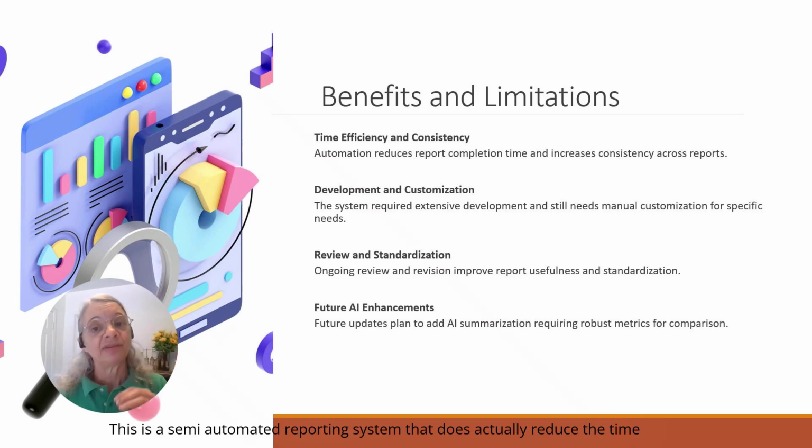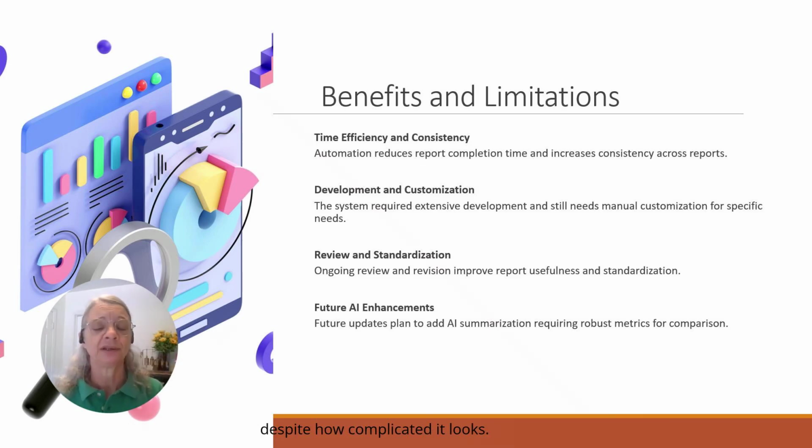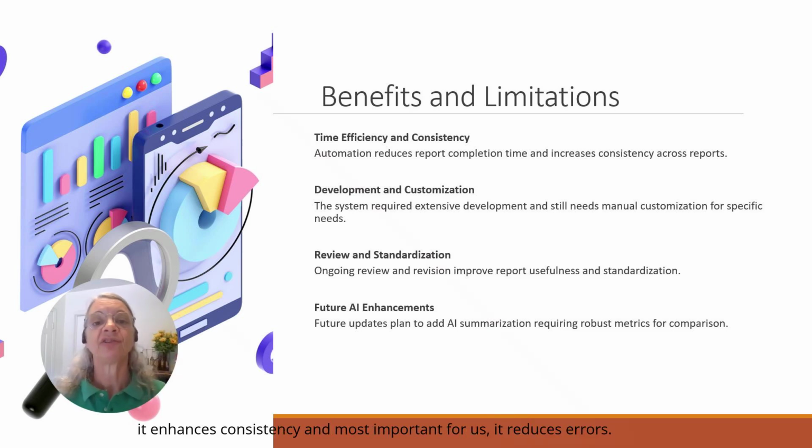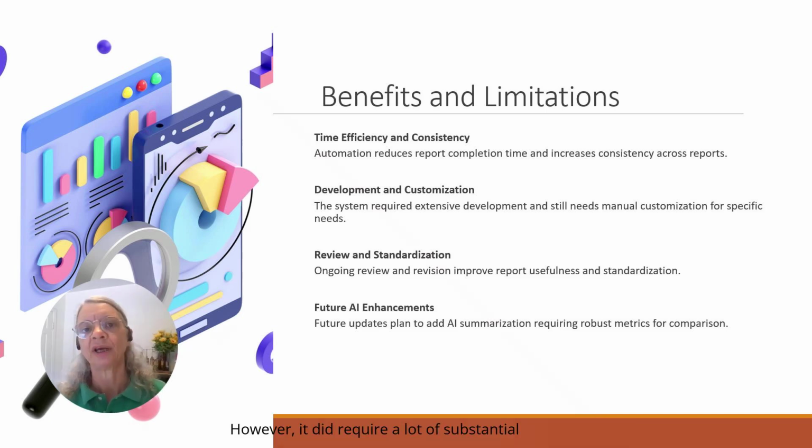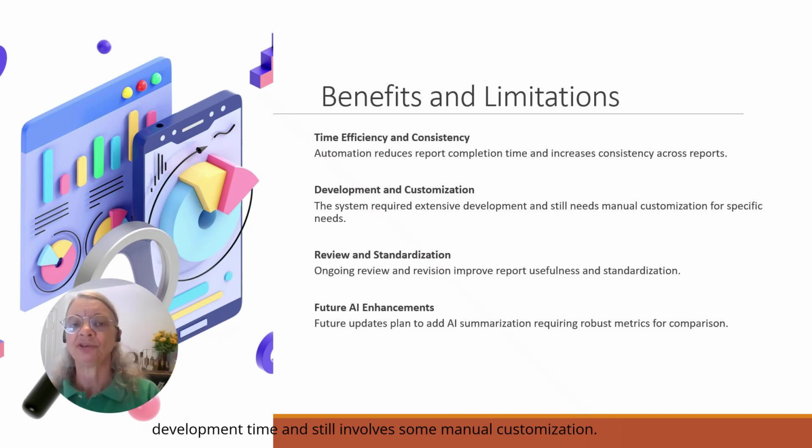This is a semi-automated reporting system that does actually reduce the time, despite how complicated it looks. It does reduce the time to complete reports. It enhances consistency, and most important for us, it reduces errors. However, it did require a lot of substantial development time and still involves some manual customization.